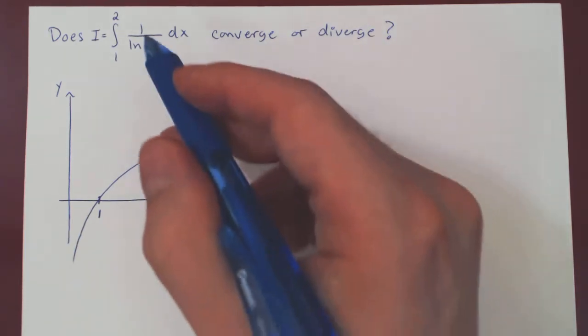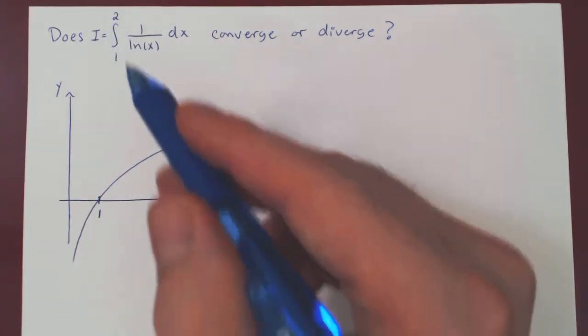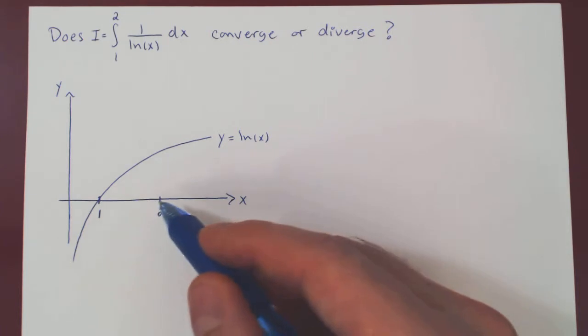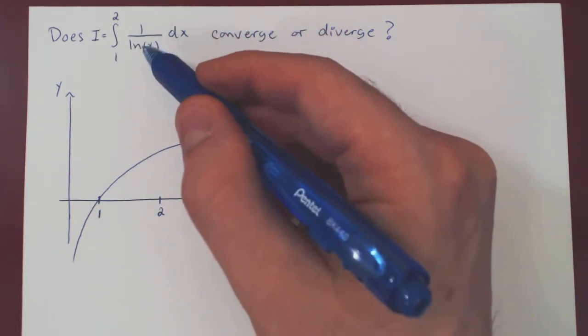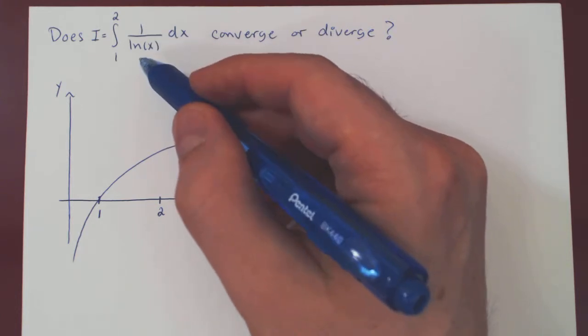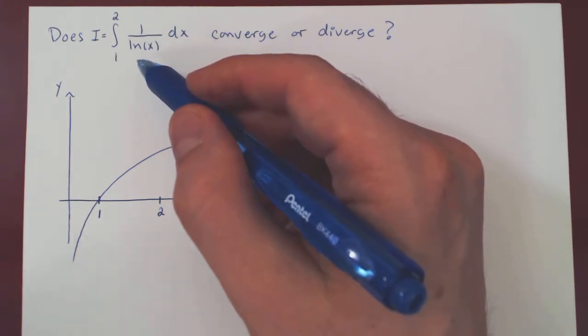And you can see now why the integral is improper. Between 1 and 2, ln is perfectly defined and continuous, but every time you have the ratio of two functions, you have to be wary of a division by 0.